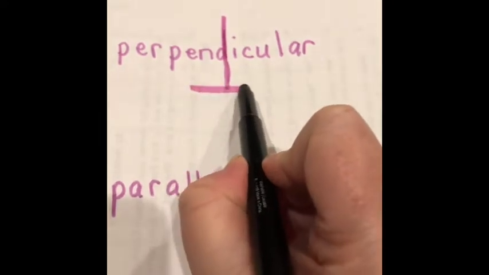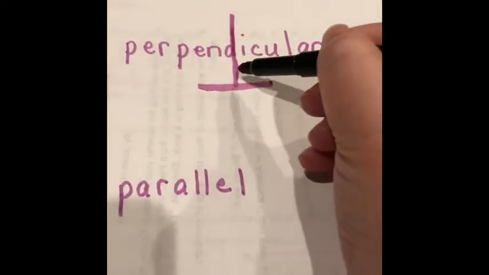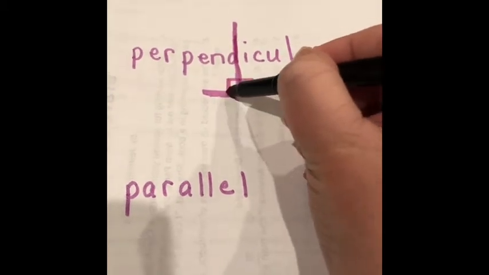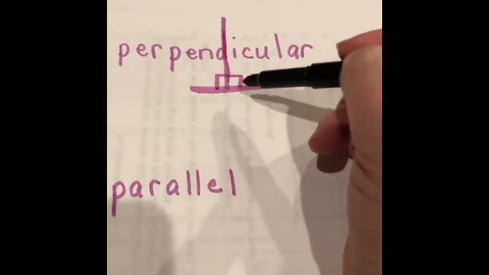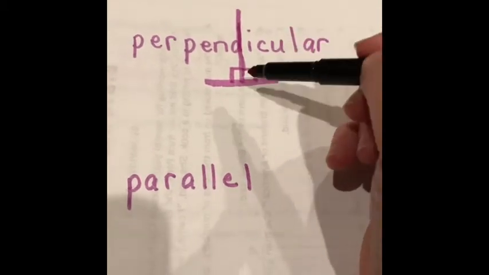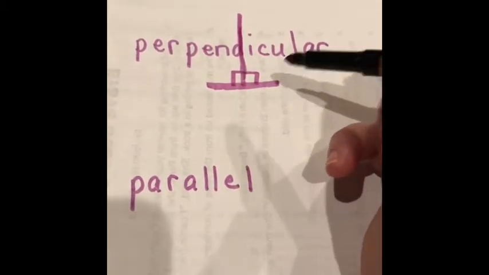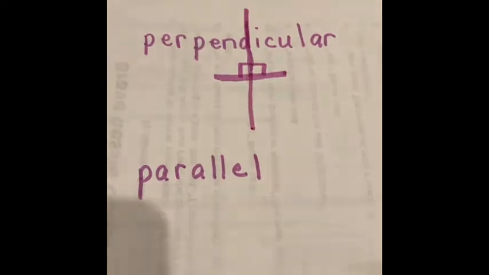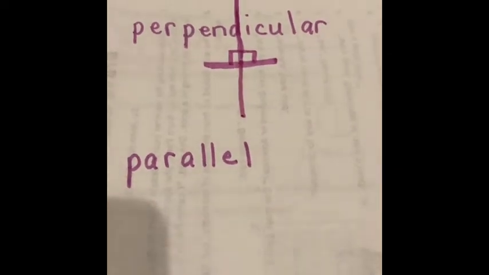And that just reminds us a perpendicular line meets at a perfectly square corner, or a T crossing, or a right angle. We've been talking about types of angles, and so let's make some connections. So perpendicular lines are the ones that will cross at a T crossing, or a T shape, or a square.